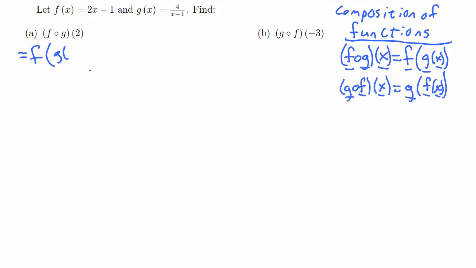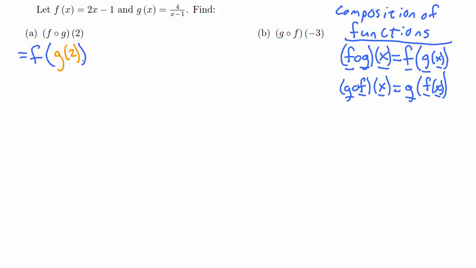Now, I'm going to use a different color for g of 2. So this is really all we want to find: f composed of g of 2 simply means f of g of 2.